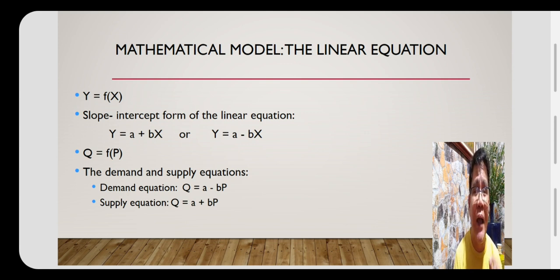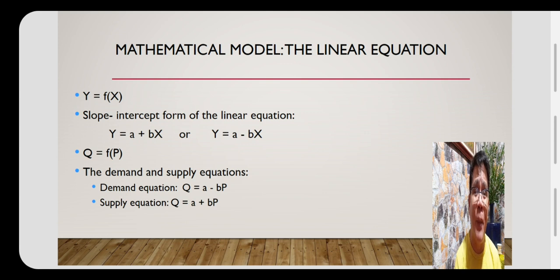Now, what does this value of a of the linear equation tell us about what kind of intercept it is? It is always the intercept on the y variable, on the dependent variable. So what is our dependent variable?